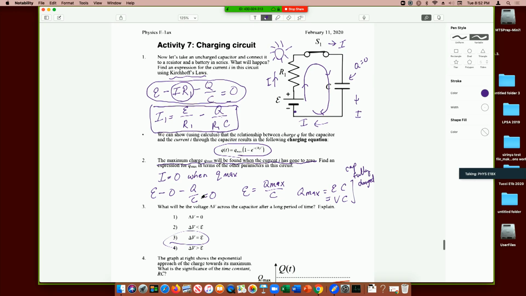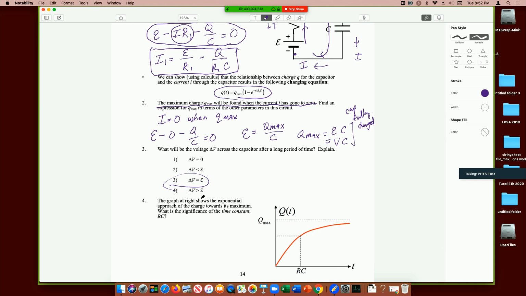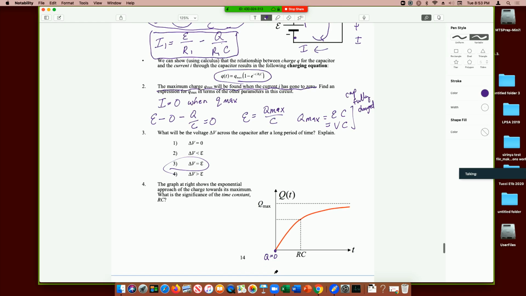Okay, so the graph here shows what happens when you're charging the capacitor, and it's the exact opposite from when you're discharging. Right? When t equals 0, the charge equals 0, and it's just the flipped upside down situation from what we just saw.